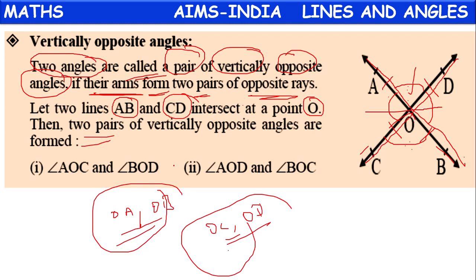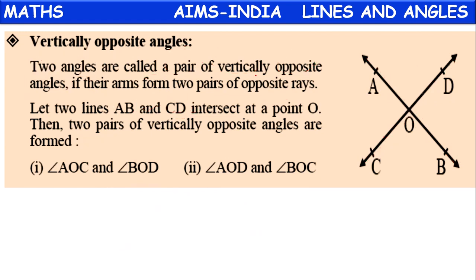So if the lines are able to form two pairs of opposite rays, then we can have vertically opposite angles. Here two pairs of vertically opposite angles are there.